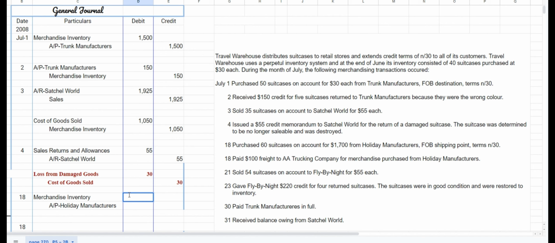So the credit account is accounts payable, because you owe the money. And now it's telling you the total amount that you are supposed to pay. It's not telling you the individual amount. So it told you that you owe them $1,700 in total. And FOB shipping point means the buyer pays and you're the buyer.